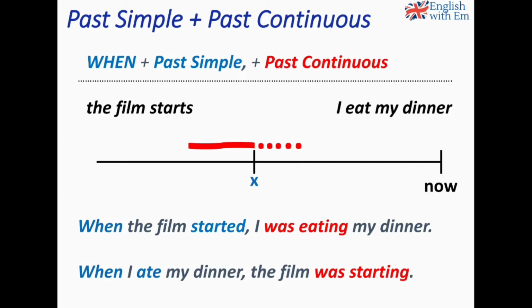Or, when I ate my dinner, the film was starting. Which is correct? When the film started, I was eating my dinner. Eating my dinner was a long action, and the film started, that was a short action which interrupted it.